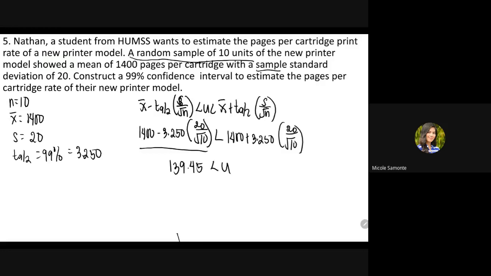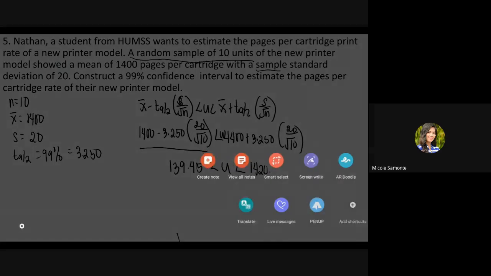Tapos yung kabila ay ano, ba't nawala na yung ano, population mean? 1,420.55, yeah.